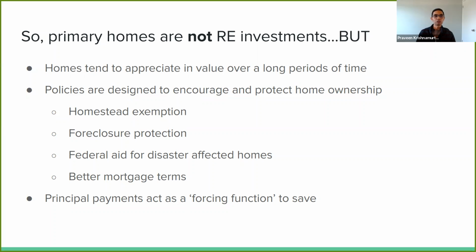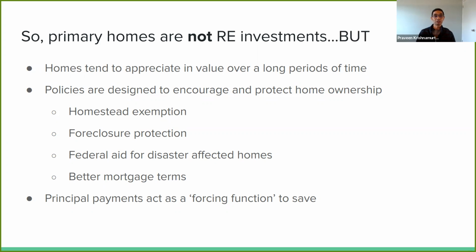And there are public policies which are designed to encourage and protect homeownership. For example, there's homestead exemption, where if there's a credit charge against you, because of bankruptcy or something, then a creditor can't come after your primary home. And then there's foreclosure protection in case you default. Of course, this is within limits.